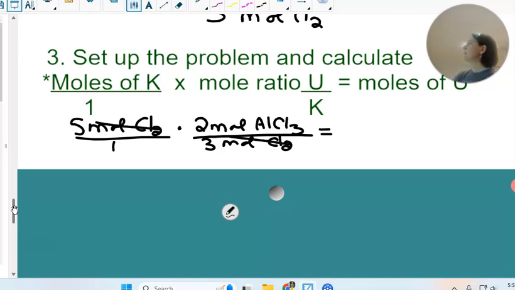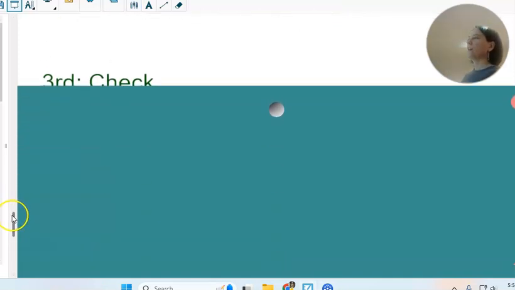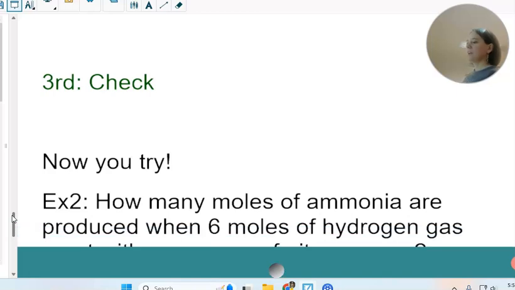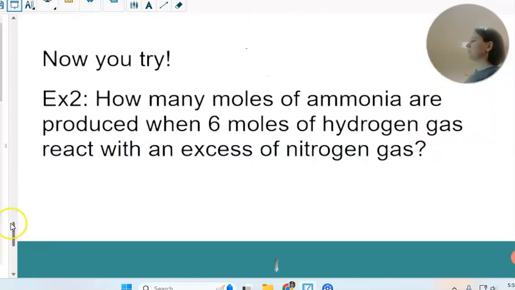I have 5 times 2 over 3. I'm going to round that to a tenth, and I get 3.3 moles AlCl3.